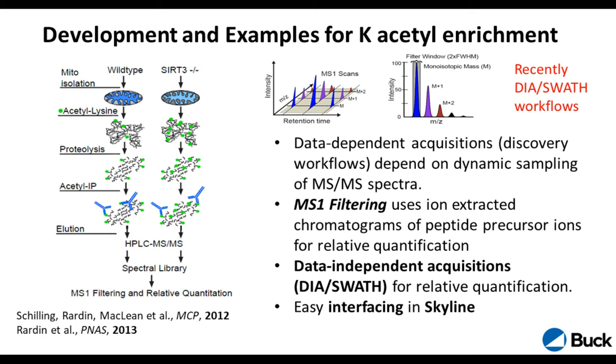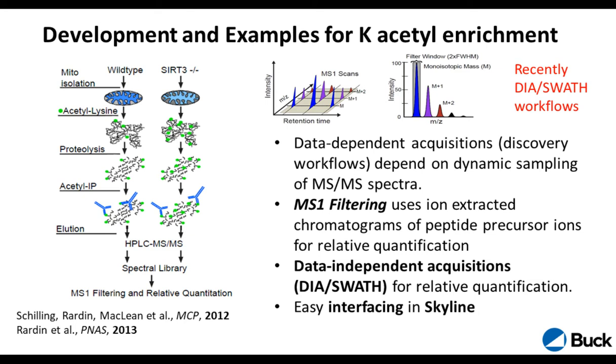So here you can see one of our typical workflows. We take cells, isolate mitochondria, digest the proteins, and then do the acetyl enrichment with the PTMScan antibodies. And then do LCMS and either do MS1 filtering, or more recently we've switched over to data-independent acquisition, DIA or SWATH, which is quite comprehensive.